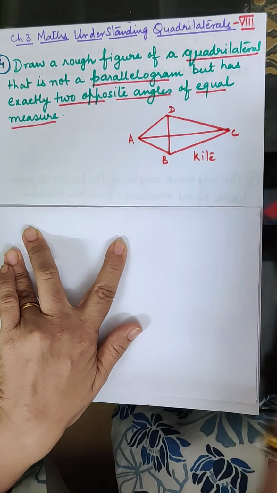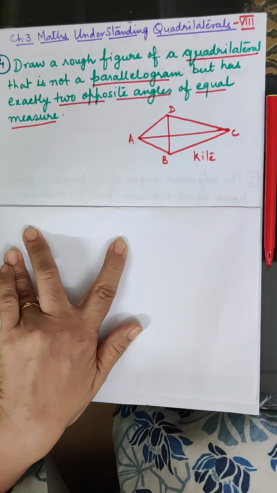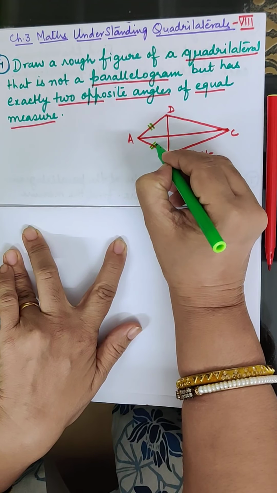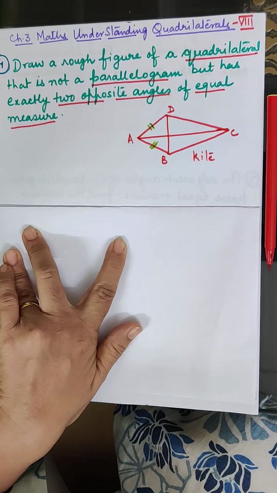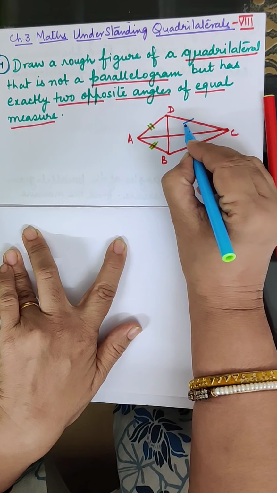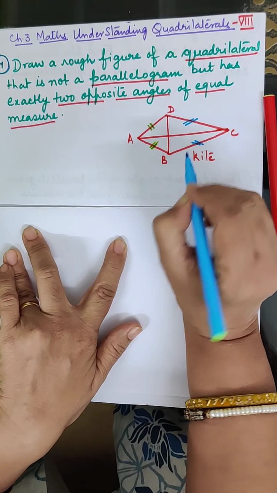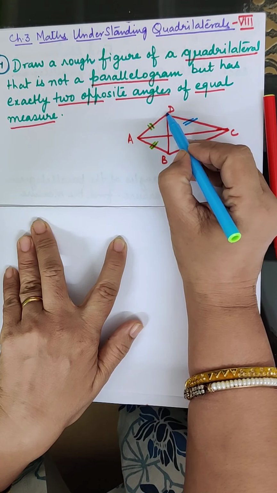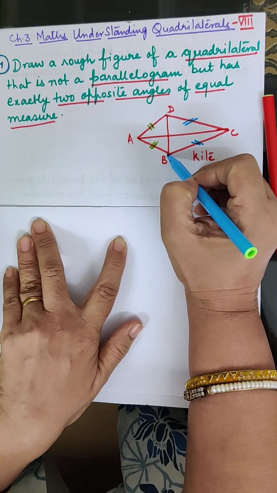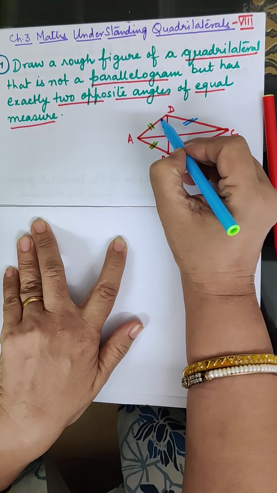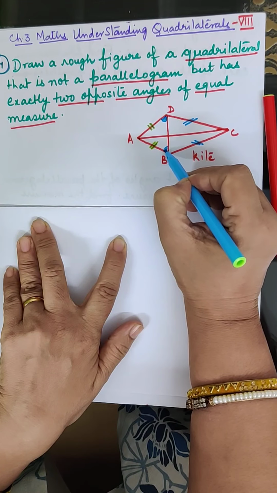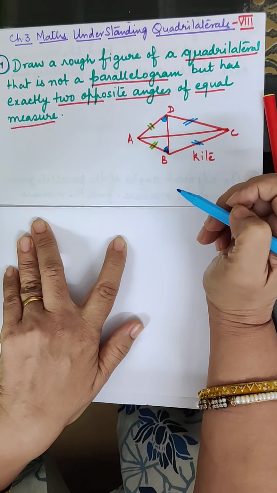Two pairs of equal consecutive sides means this side is equal to this side and this side is equal to this side. Now see, if AD is equal to AB, then this angle is equal to this angle. Isosceles triangle property.